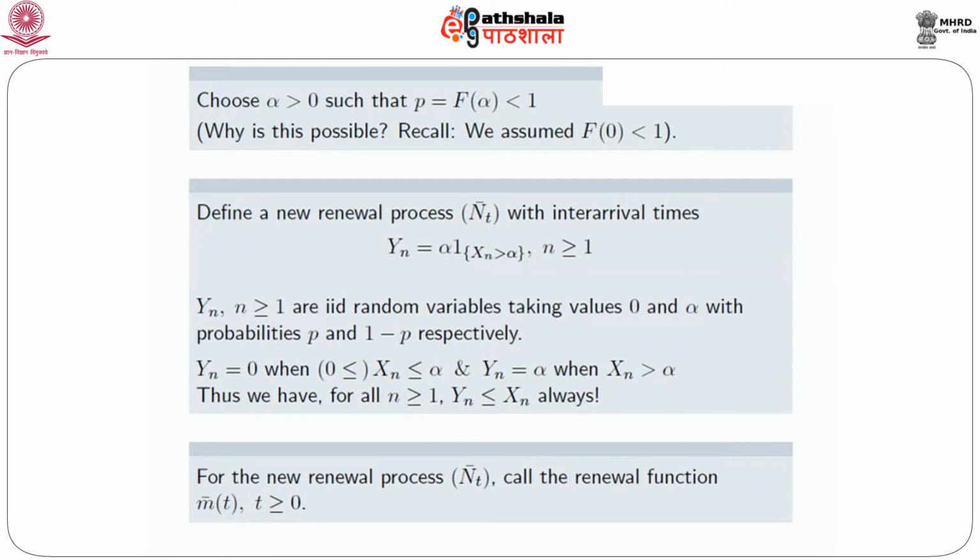Thus this new renewal process n hat t has interarrival times which are shorter than the interarrival times of the original n process, and therefore n hat t is always going to be larger than or equal to nt. For this new renewal process n hat t, call the renewal function m bar t.